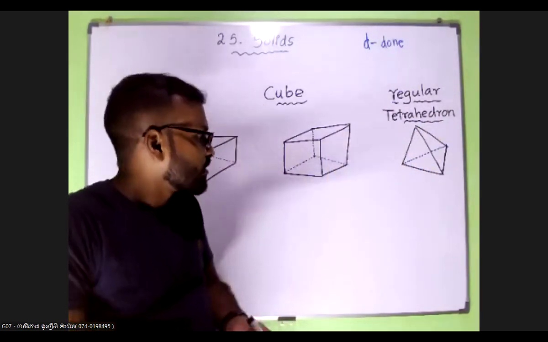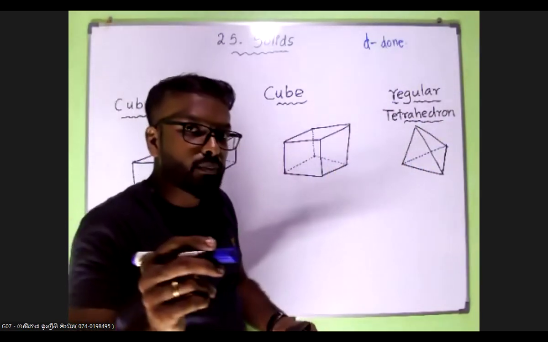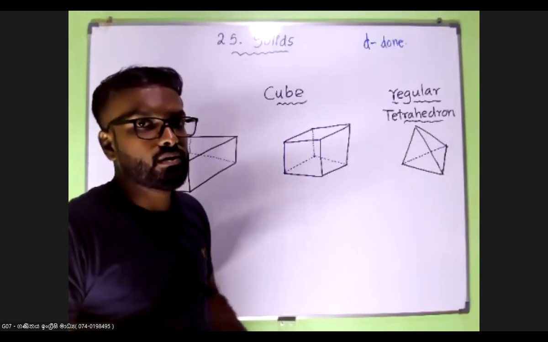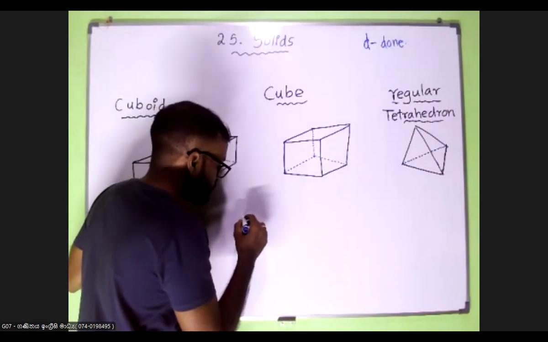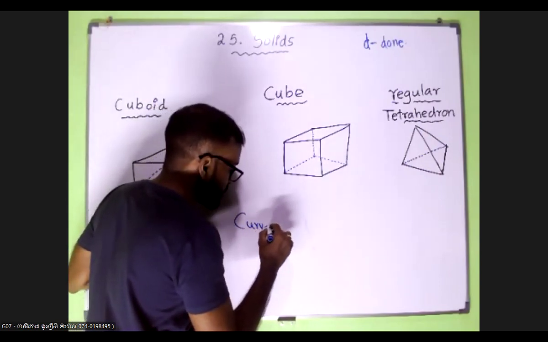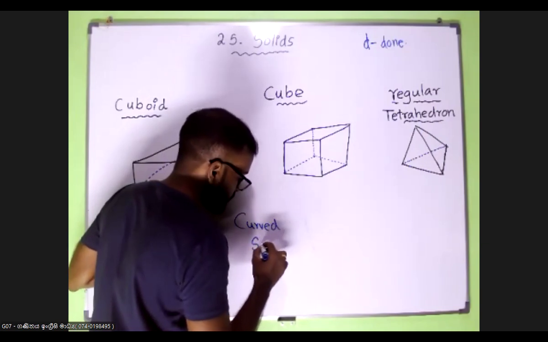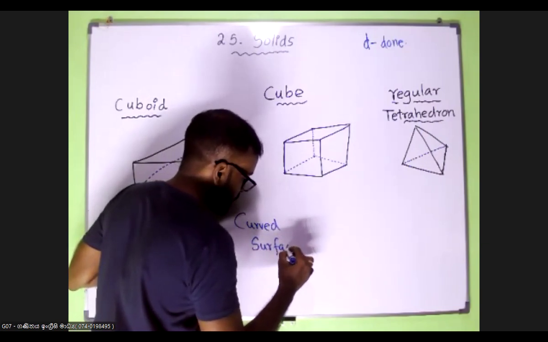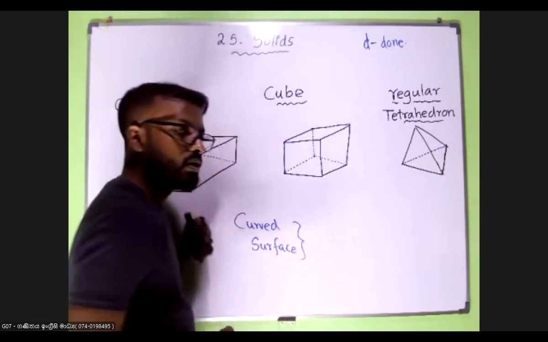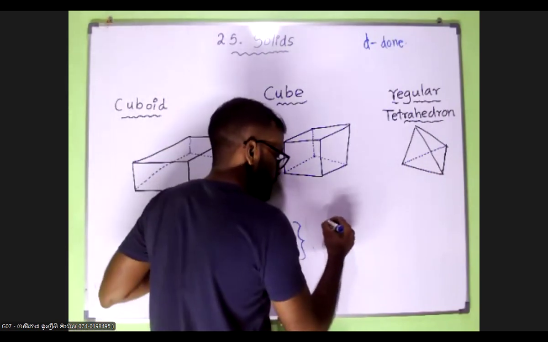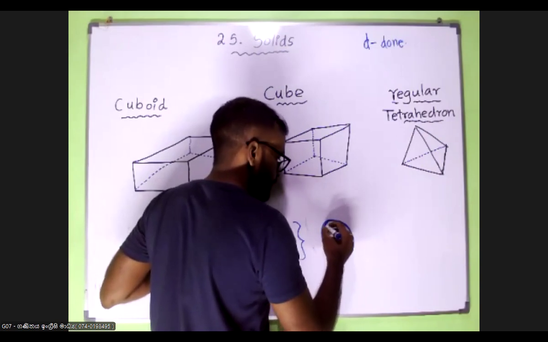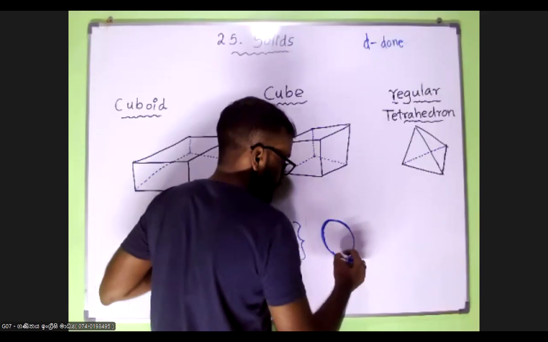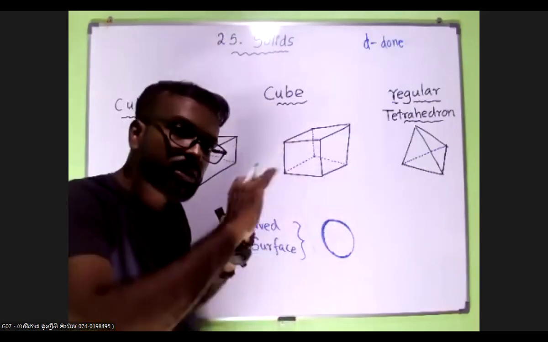So what is an example of a solid with a curved surface? What can you say about a solid with a curved surface? Sphere. For an iron ball, it has a curved surface.